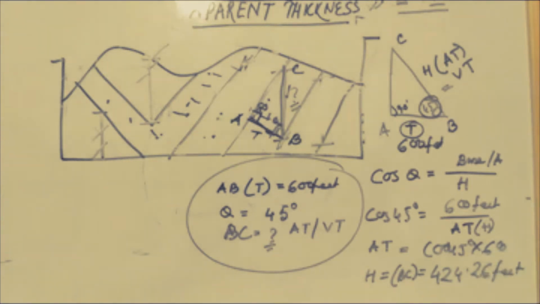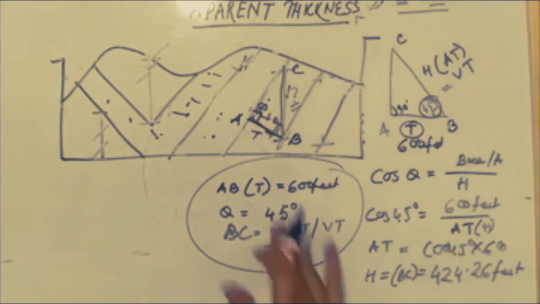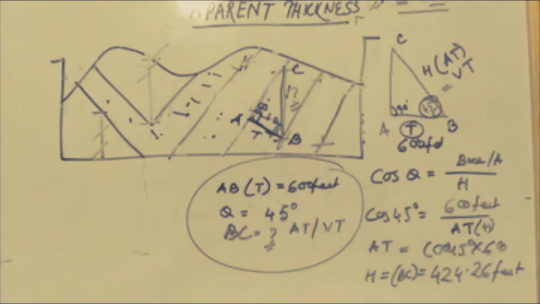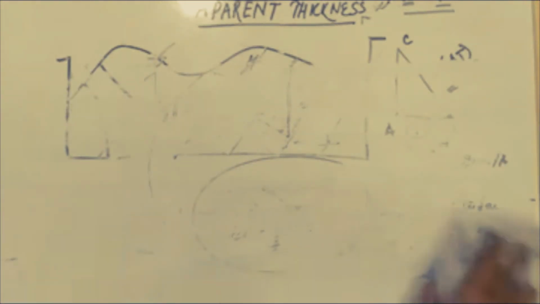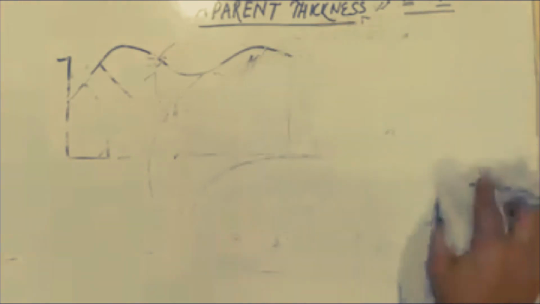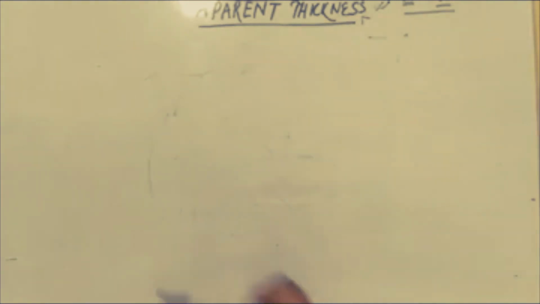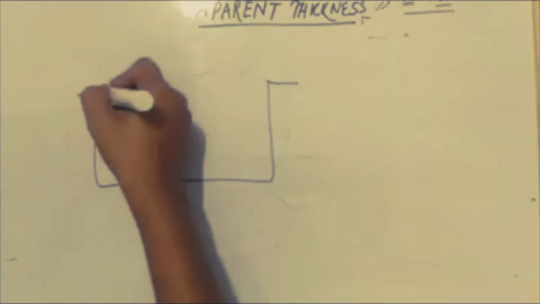So with the help of the whole system, with the help of the Pythagorean formula, you can go through all these things and calculate the value of the hypotenuse, rather the value of apparent thickness. So for the mathematical calculation from the drawing, after plotting the geological map, you can easily identify the apparent thickness and true thickness. Suppose this is the geological map.